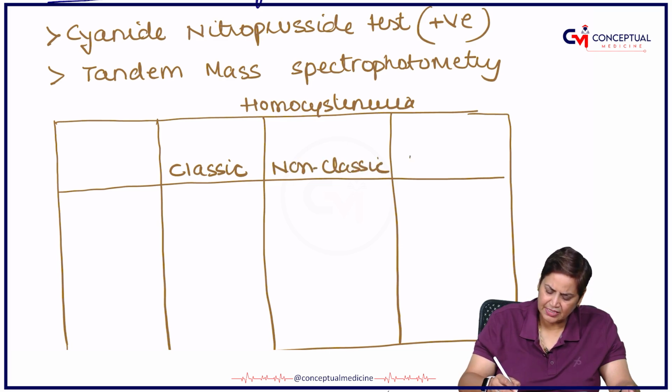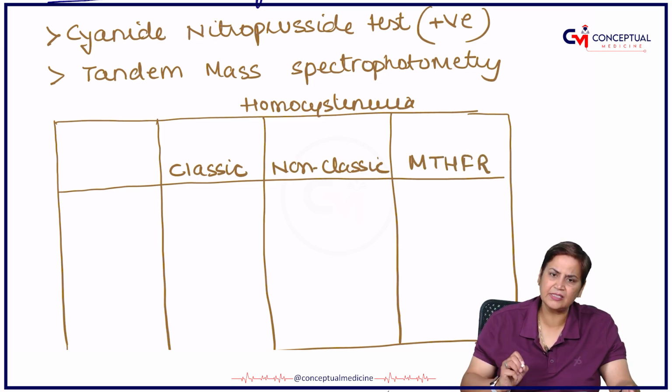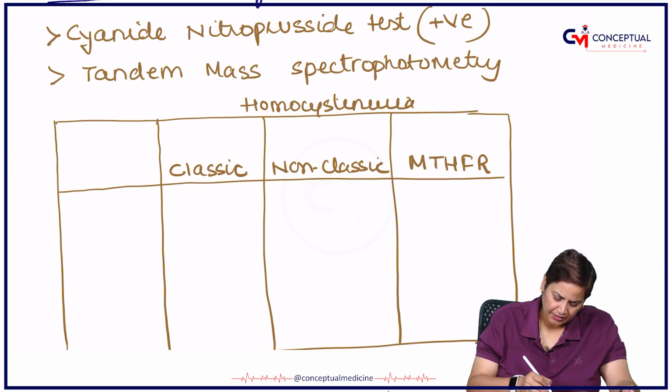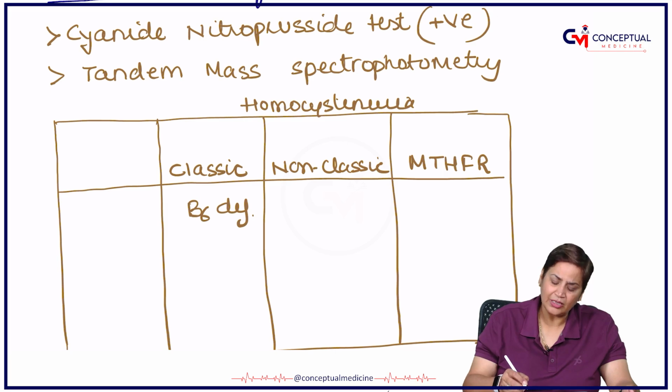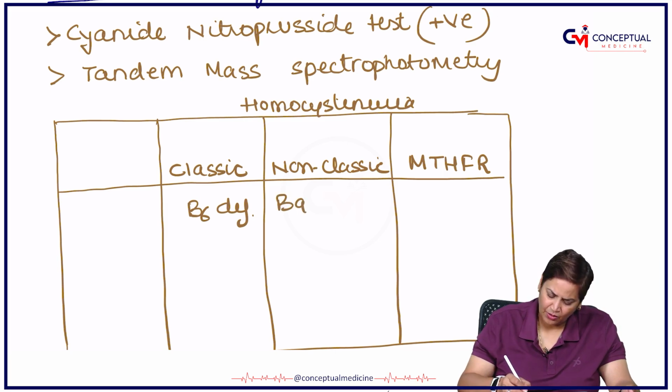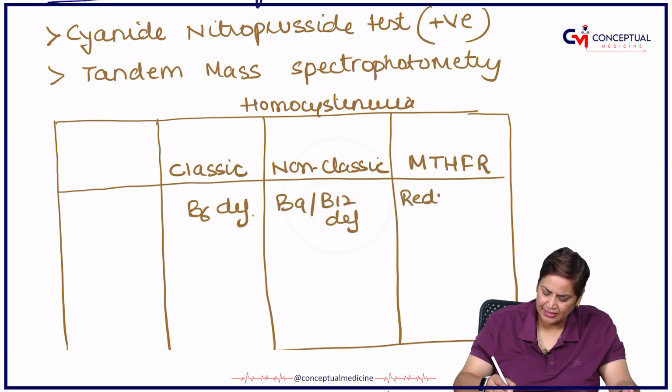One more enzyme is there which is methyl tetrahydrofolate reductase. So in classic, the deficiency is of what? B6 deficient. In non-classic, B9 and B12 deficient, and here reductase enzyme is deficient.